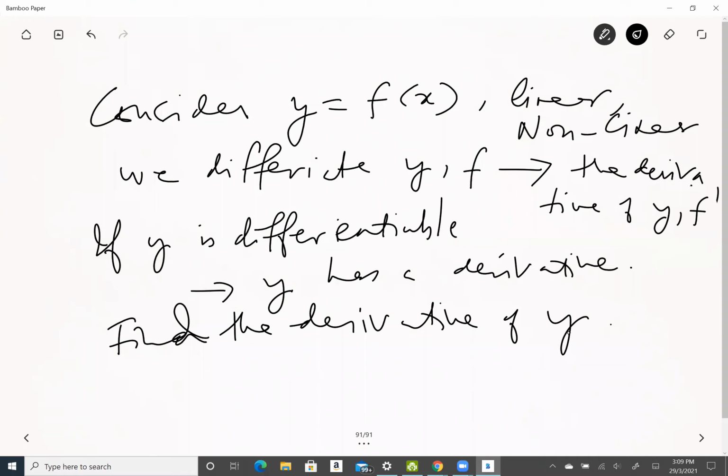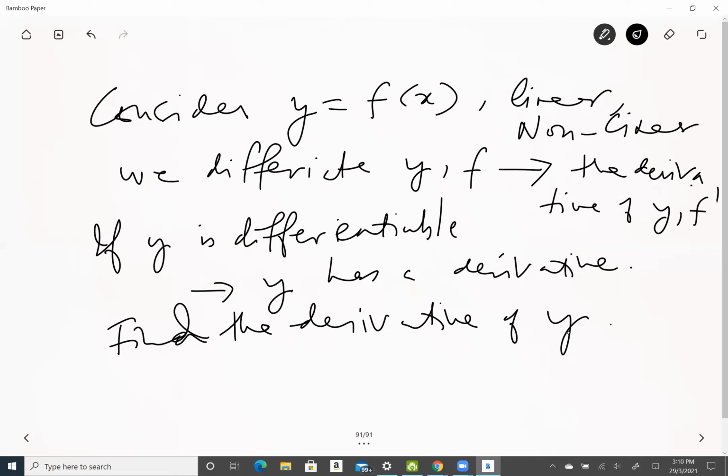So if you look at this idea, y is a function, and then you differentiate y, you get the derivative. And that derivative is also a function. It's just like you and your parents, your mom and your dad. They got married. They are human, and they give birth to you.